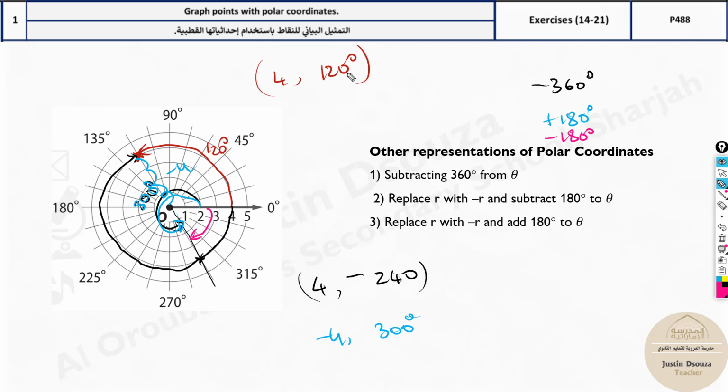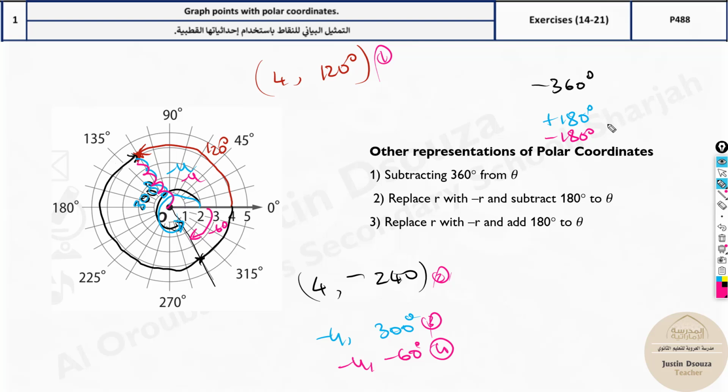When you subtract 180, you'll get minus 60. So this is minus 60 degrees and then trace back 1, 2, 3, 4. So it's minus 4. Minus 4, minus 60. So these are all the 4 ways. This is the given question, yes, but these are the 3 different ways to represent the same point.